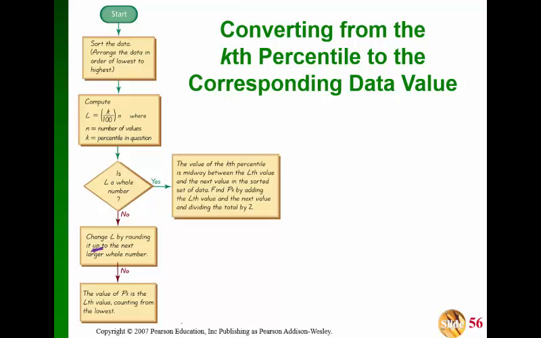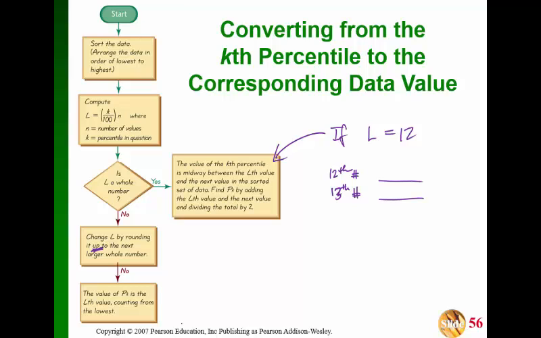So, for example, in this case, if L equals 12, the kth percentile is midway between the Lth value and the next value. So take the 12th number and the next number, the 13th number.